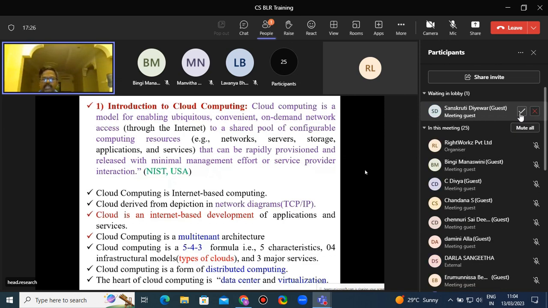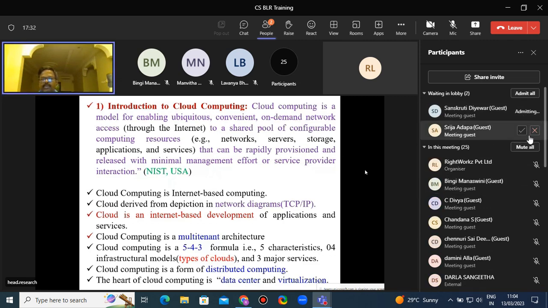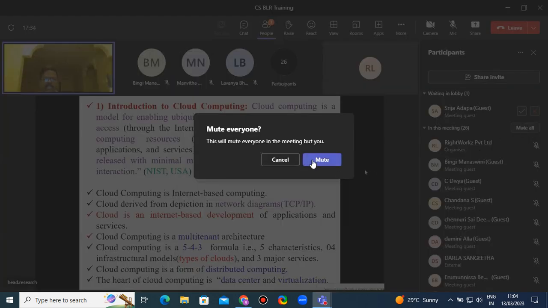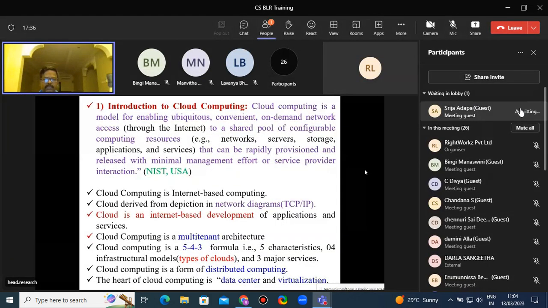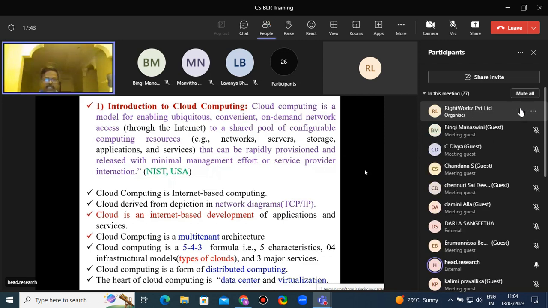Example: network, server, storage, applications, and services that can be rapidly provisioned and released with minimal management effort or service provider interaction. It is called the introduction to cloud computing.